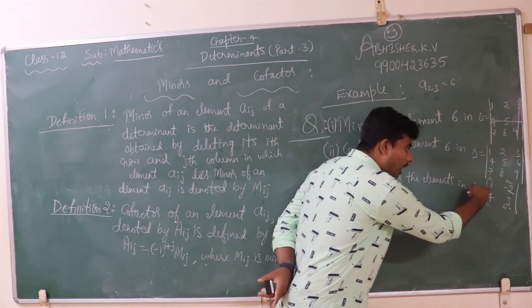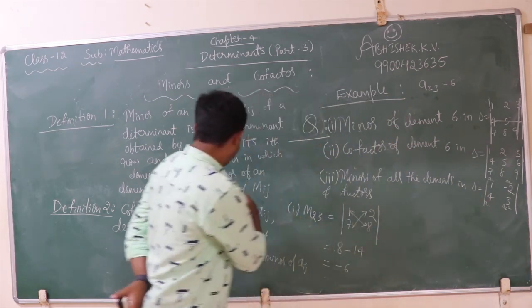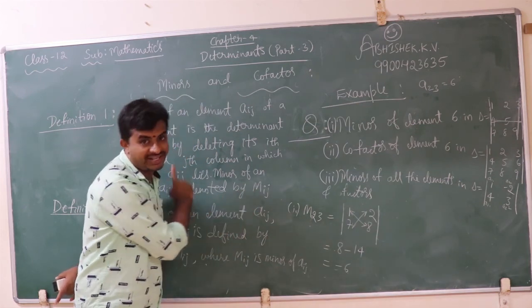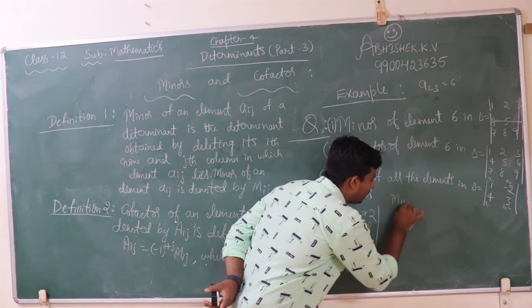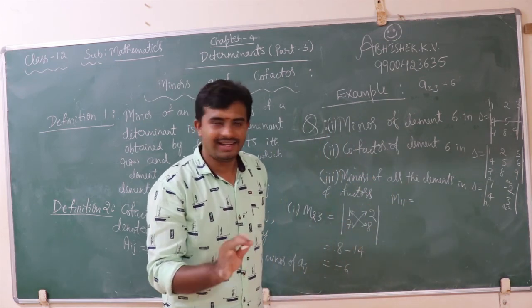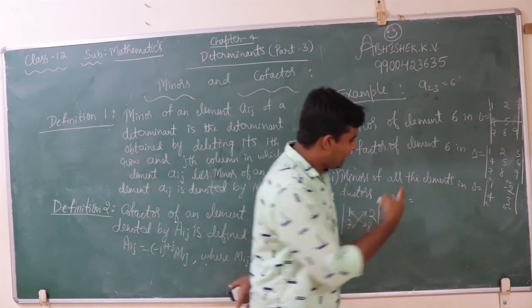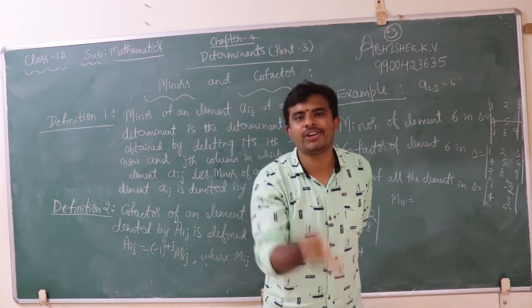Then the minor of the element 1 is denoted by Mij for Aij. For A11, the minor of the element 1 is denoted by M11. Is it clear? Then what is the procedure? Deleting the corresponding row and column.